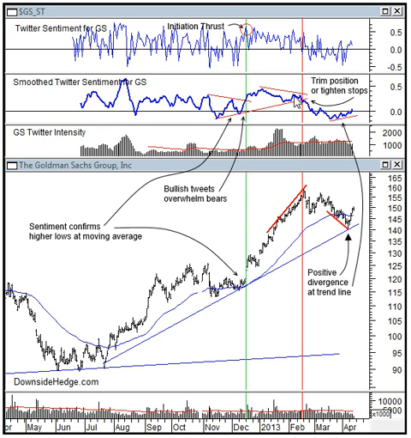So at this point, we're starting to look for signs of a reversal. And we got the signs of that reversal when the bearish tweets finally overwhelmed the uptrend of the bullish tweets.